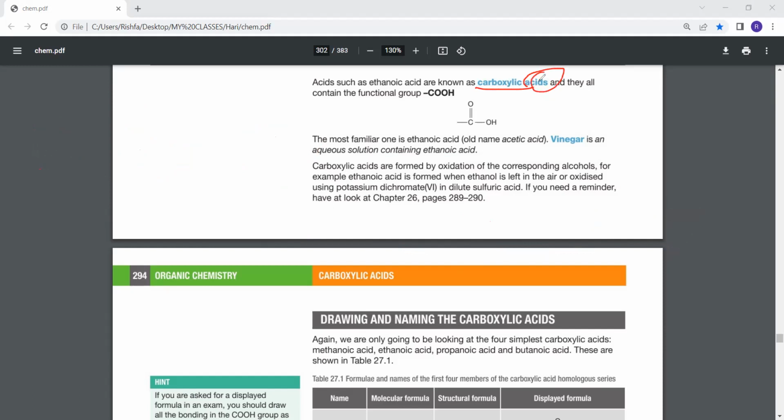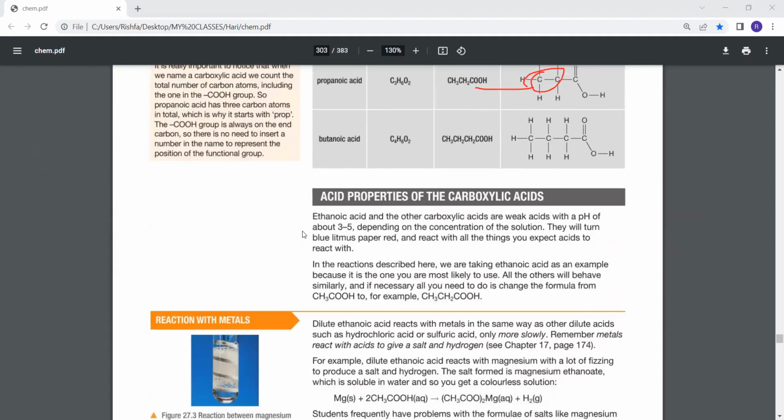Can you tell me the definition for acids? Acids are compounds that have hydrogen, and they have a pH level of... is it only 2? No, the pH scale goes from 0 to 14. 7 is neutral.